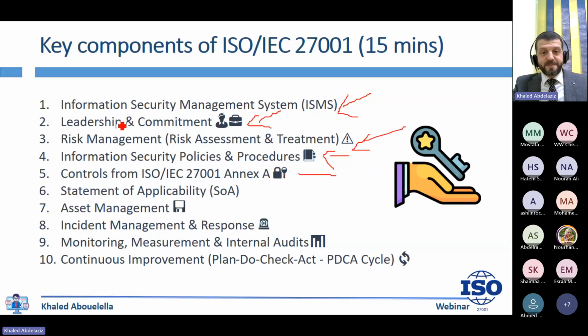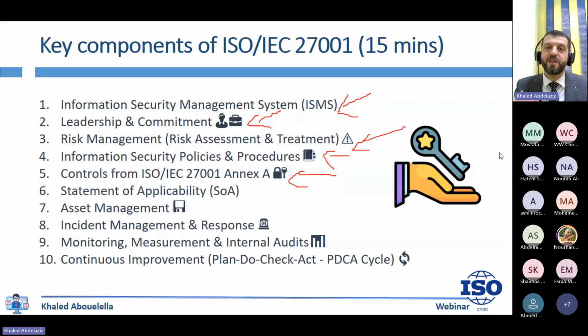Annex A controls. What are Annex A controls, which is the favorite part for the technical people? Controls in ISO 27001 are referred to by Annex A. Annex A is simply security controls. There are 93 controls, though it's not only these 93 controls.